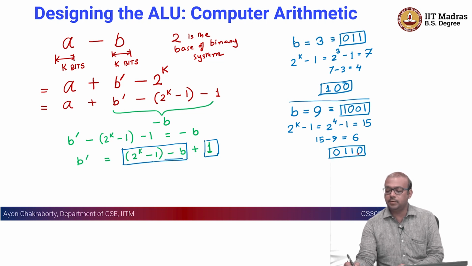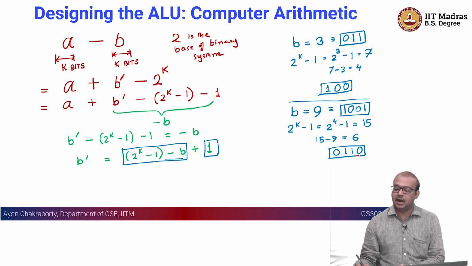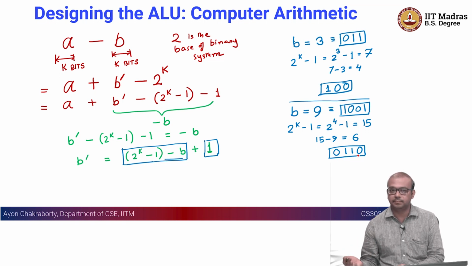Right? So now you can start appreciating the relationship between B and 2 to the power k minus 1 minus B. You can simply see that they are complements of each other. So 0, 1, 1, if you complement every bit, becomes 1, 0, 0. If you have 9, 1, 0, 0, 1, if you complement every bit, it becomes 0, 1, 1, 0.